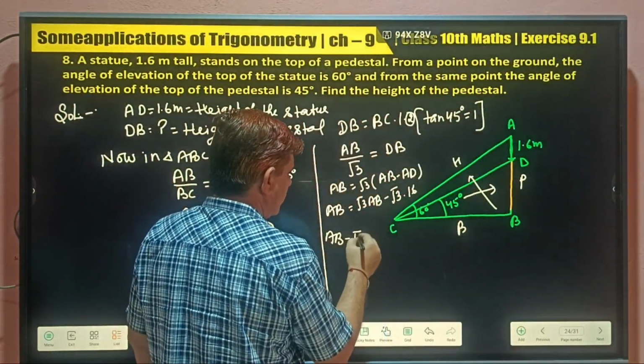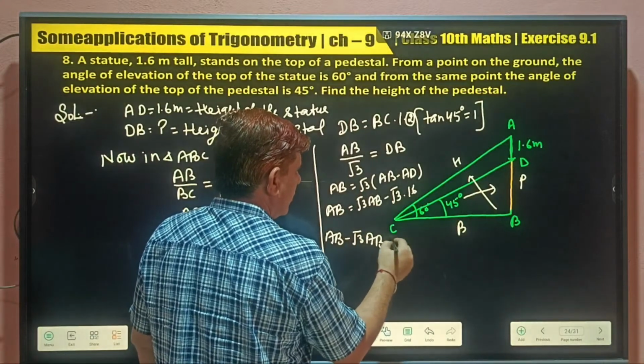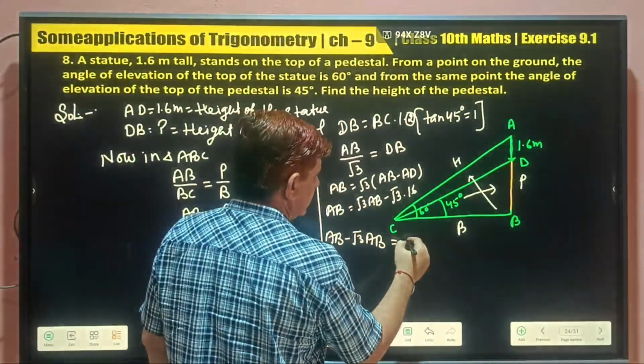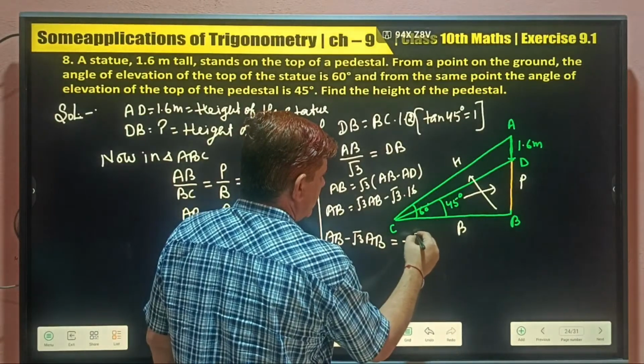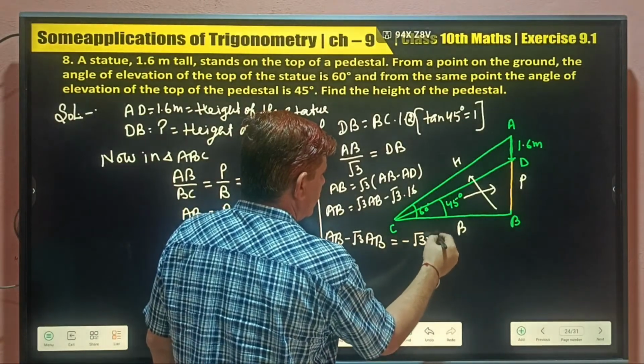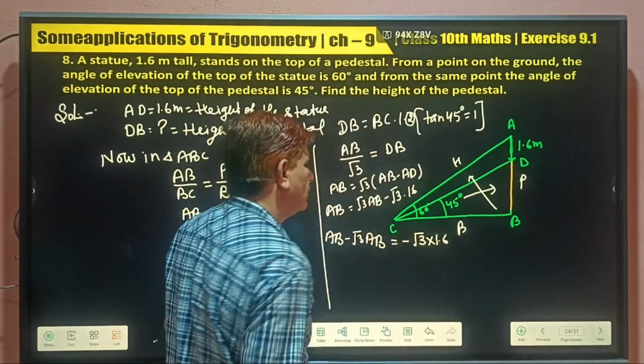AB minus under root 3 AB is equal to under root 3 into 1.6.